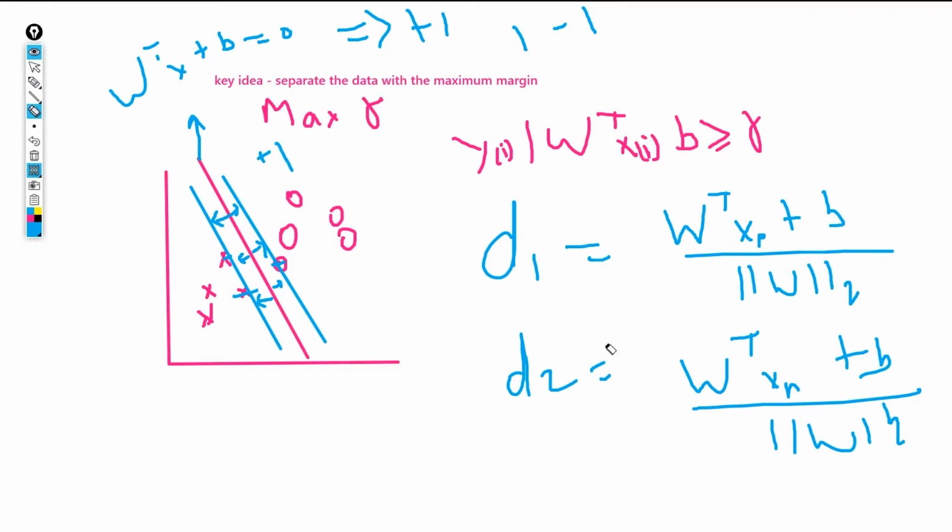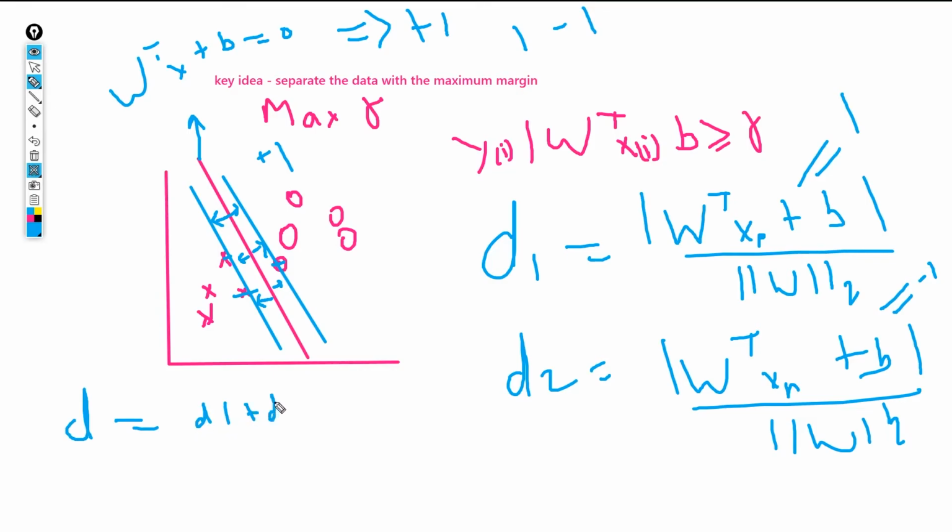Now this distance is this. As we said earlier, because we are finding the distance, we are going to take the mode of them. Now we have considered that this line is going to be 1 and this line is going to be -1. So to find the total distance, we can use d1 plus d2.